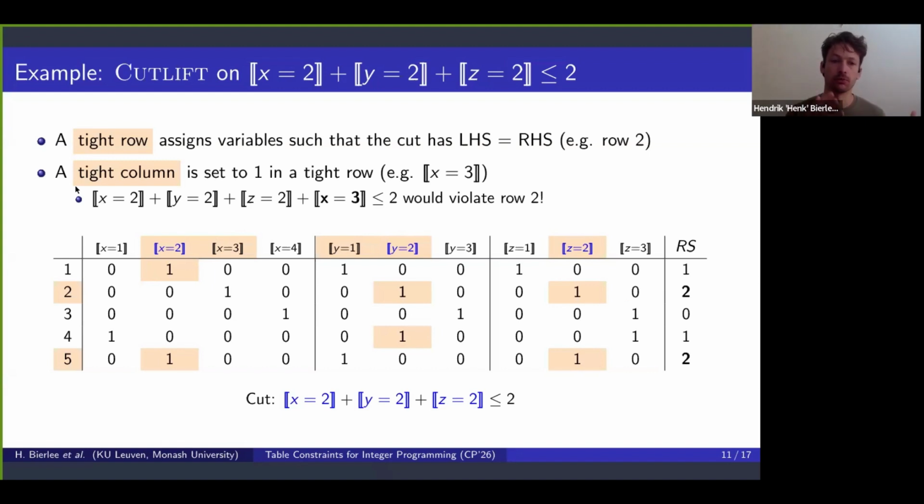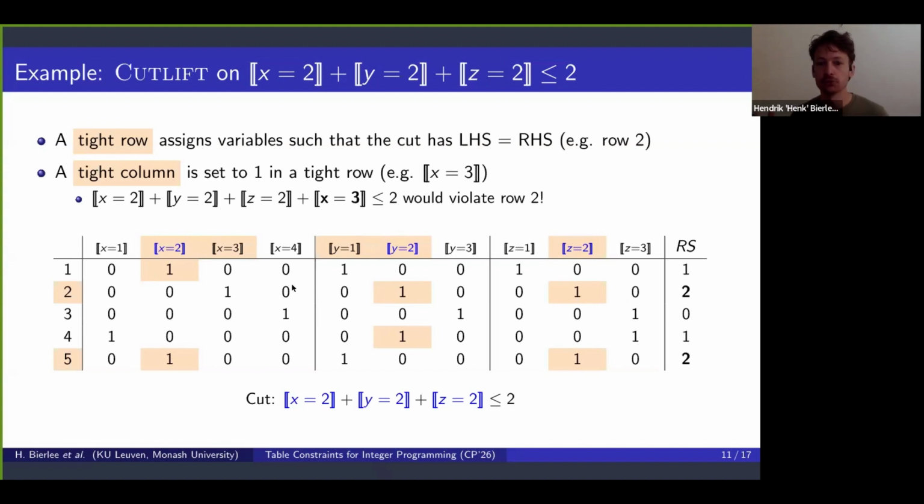We should not only be careful for row 2, but also for row 5. Here you can see the cut. What would happen if we add x equals 3? We would violate row 2, because you would have 0 plus 1 plus 1 plus 1 is less or equal to 2. So 3 less or equal to 2. However, x equals 4, that one is fair game from the perspective of row 2, because it has a 0 right over here.